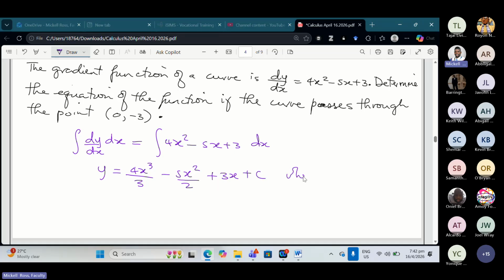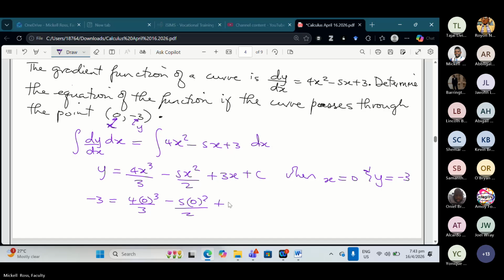All right. So when x is equal to 0 and y is equal to -3. Now bear in mind, these two can be any numbers. The x value can be any number, the y value can be any number. You just need to substitute them into the equation. When x is equal to 0 and y is equal to -3, so -3 equals 4 times 0 cubed over 3 minus 5 times 0 squared over 2 plus 3 times 0 plus c.